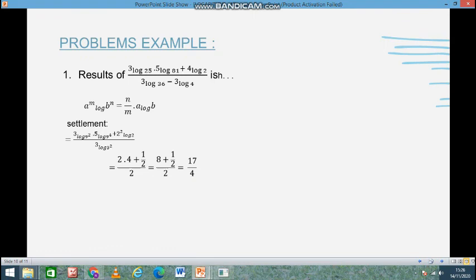In this problem, we can use the following property: a to the power of m log b to the power of n equals n divided by m times a log b.